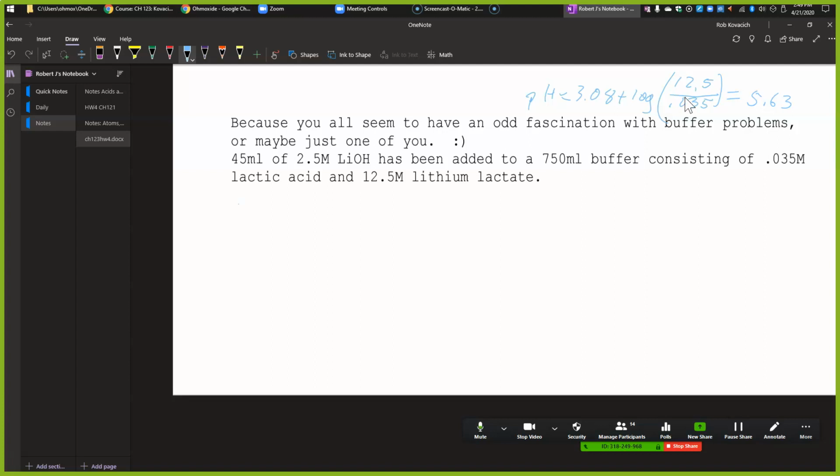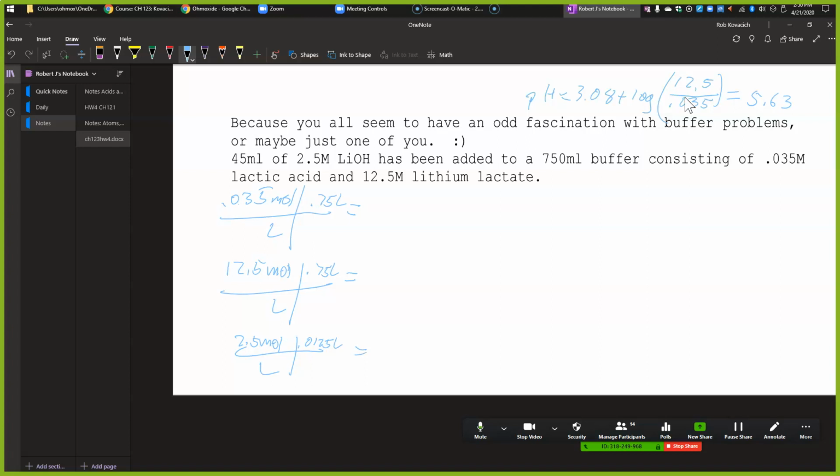So I've got 0.035 moles per liter, and this is 0.75 liters, and I've got 12.5 moles per liter, 0.75 liters, and we've got 2.5 moles per liter times 0.0125 liters.